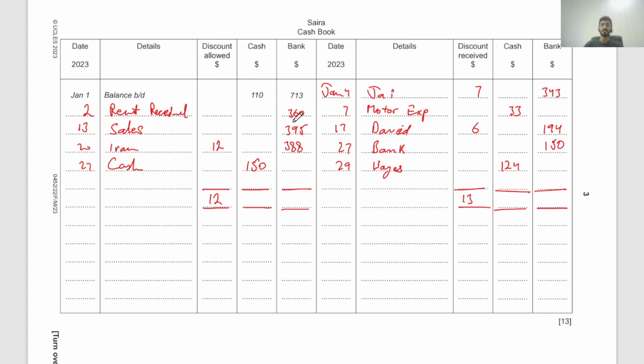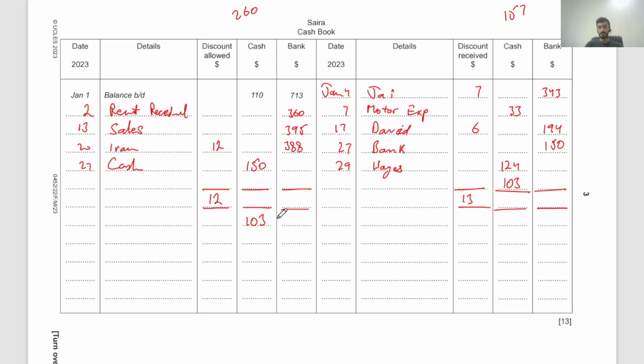110 plus 150 would be 260. On the credit side, we have 124 plus 33, which is 157. And so the balance on cash account would be 260 minus 157, 103. That's balance carried down, right? 103. What about the bank account?